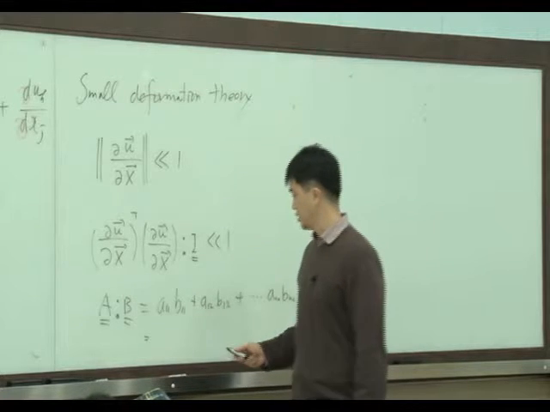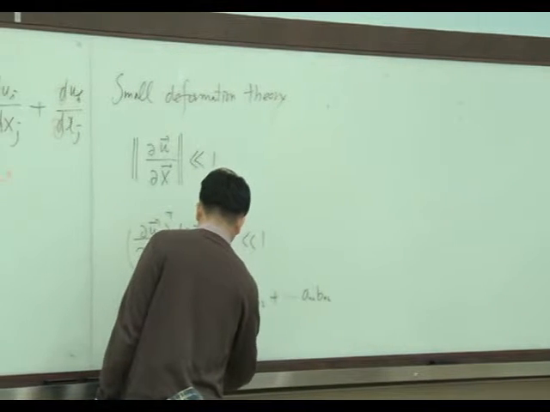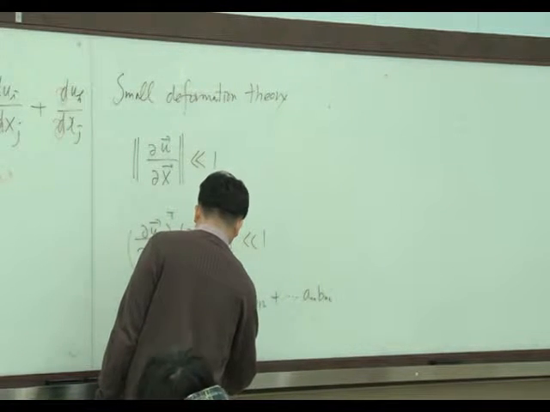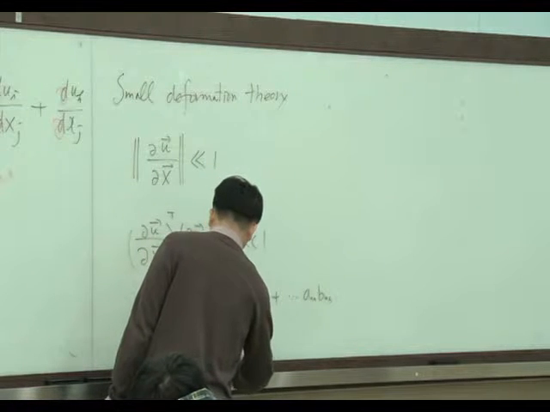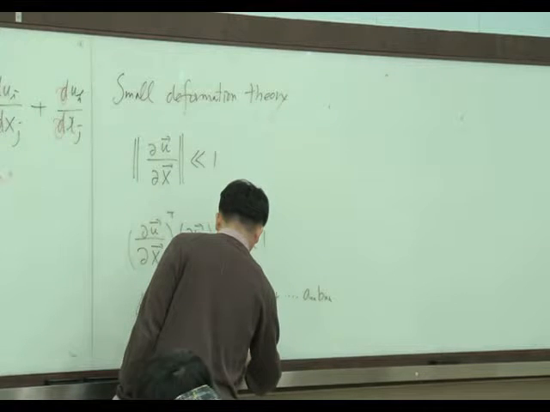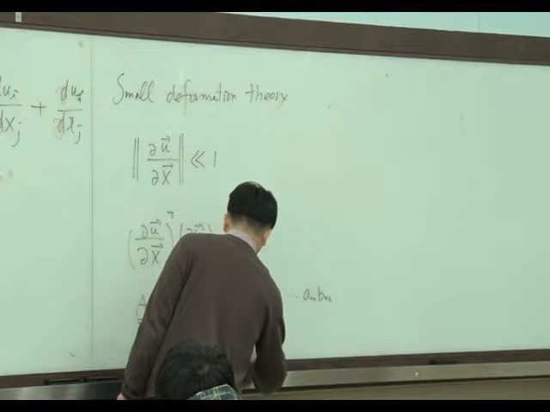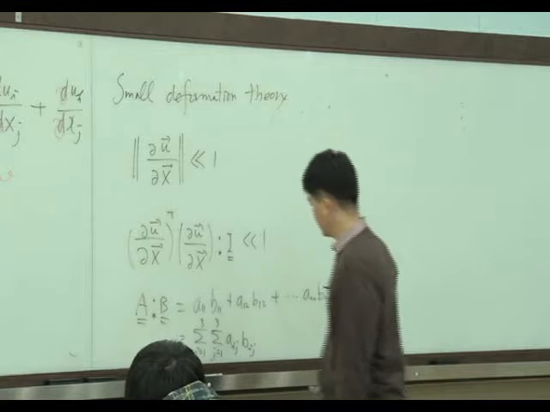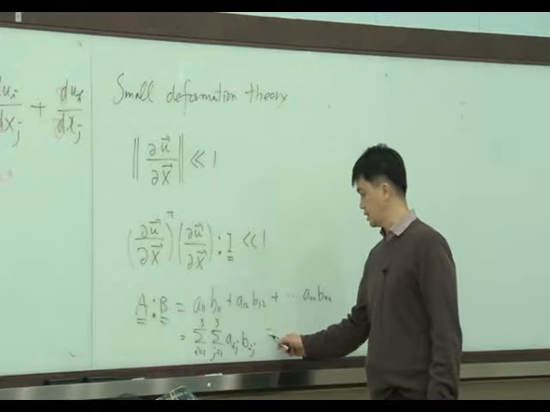This operator means sum over i equals 1, 2, 3, sum over j equals 1, 2, 3, Aij Bij. So just simply Aij Bij.